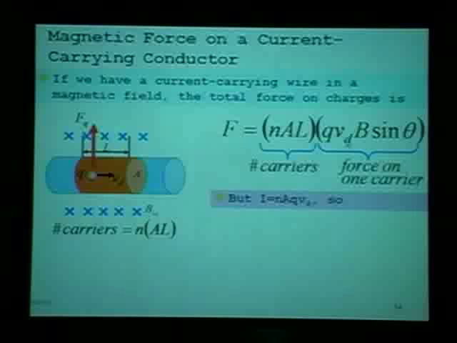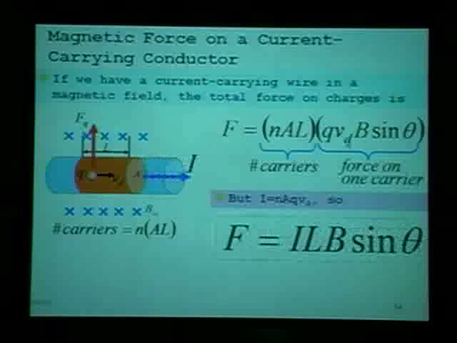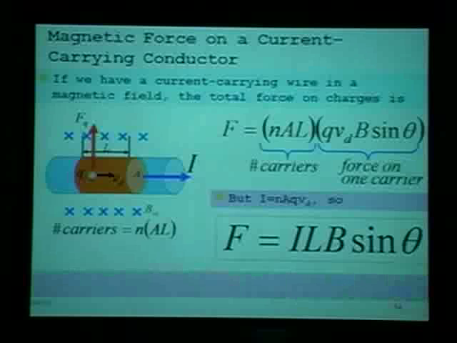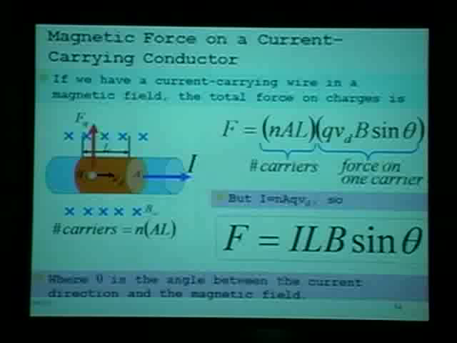So I can rewrite this as force is equal to I times the length of the wire L times magnetic field B times the sine of the angle between the current direction and the magnetic field. ILB sine theta, where theta is the angle between the current direction and the magnetic field.